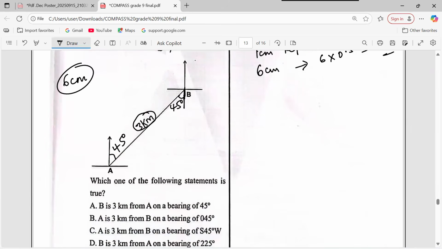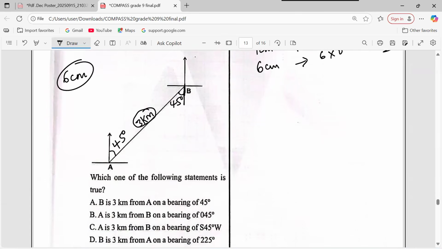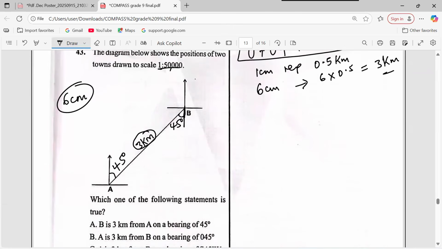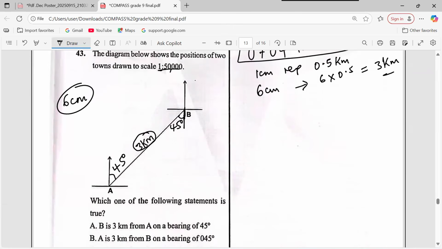3 kilometers. But now with the distance that way, you can advance this and analyze the bearings very well. We can check the position of A with B as the reference and say that A is 3 kilometers on a bearing of, from B. This is south, and when you measure 45 there, you add it to the west.